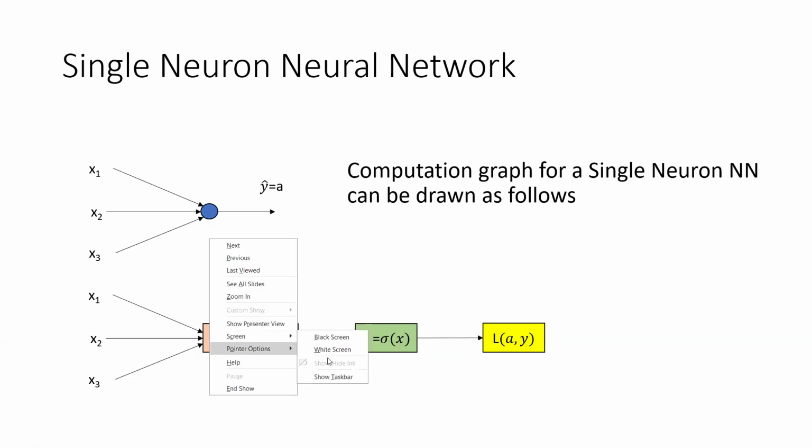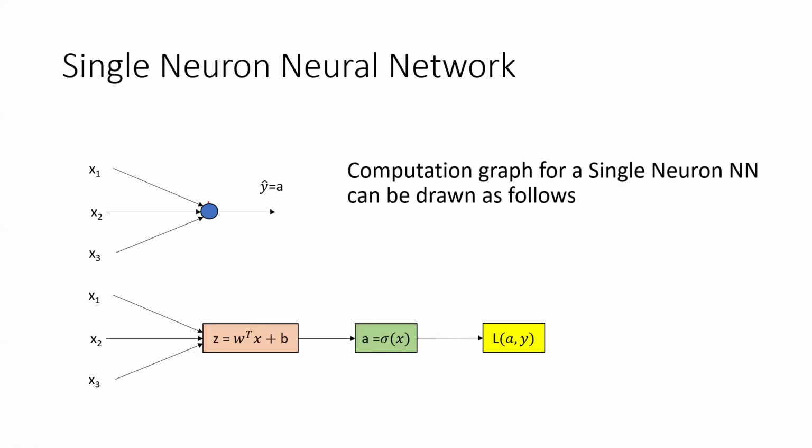Let me draw it. This would be the bias. This one would be W1, this one would be W2, and this one would be W3. These W1, W2, W3 are known as the weight vector. And x1, x2, x3 can be considered as the x vector, right?